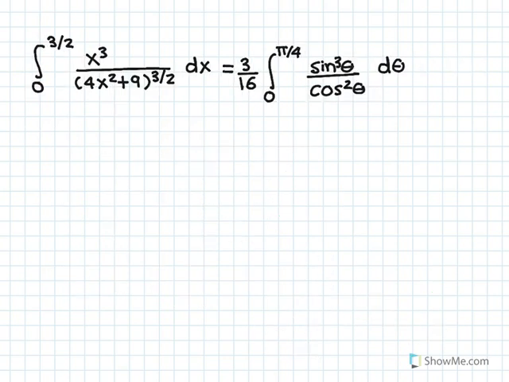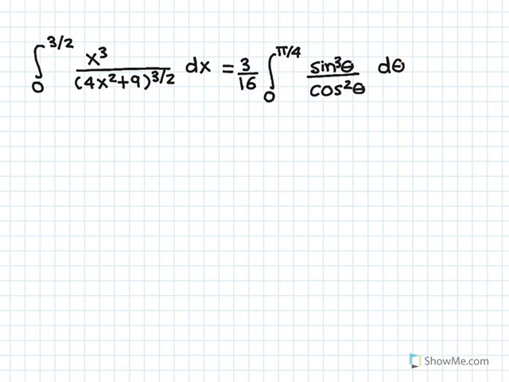Alright, so how do we solve this integral? We have integral from 0 to 3/2 x cubed divided by 4x squared plus 9 all to the power of 3/2 dx, and we basically simplified that through applying trig substitution and changing limits: 3 over 16 integral from 0 to pi over 4 sine cubed theta divided by cos squared theta d theta. How do we solve this integral?